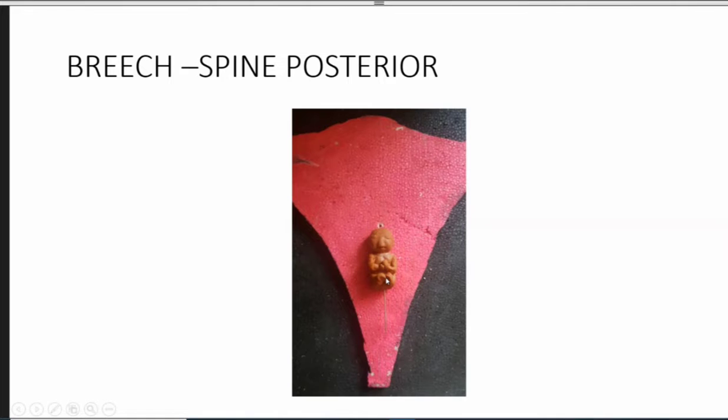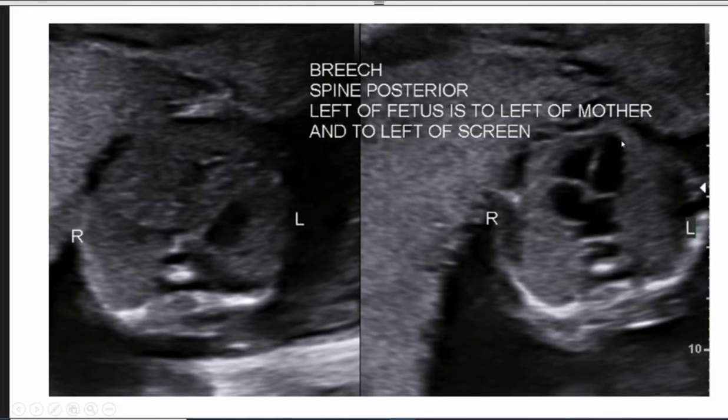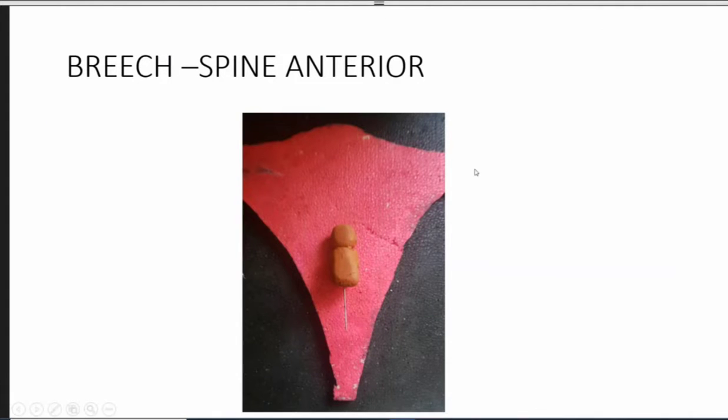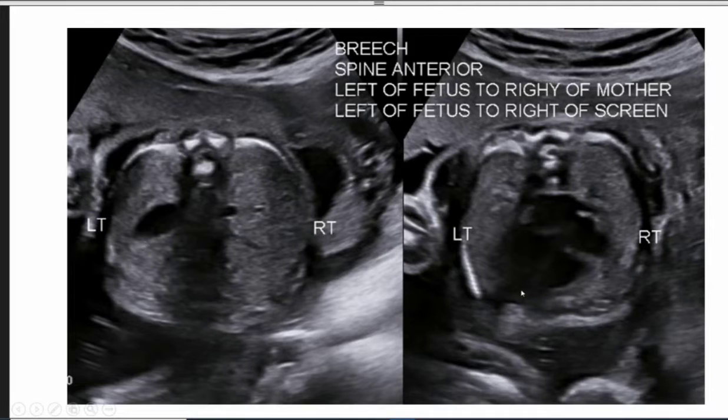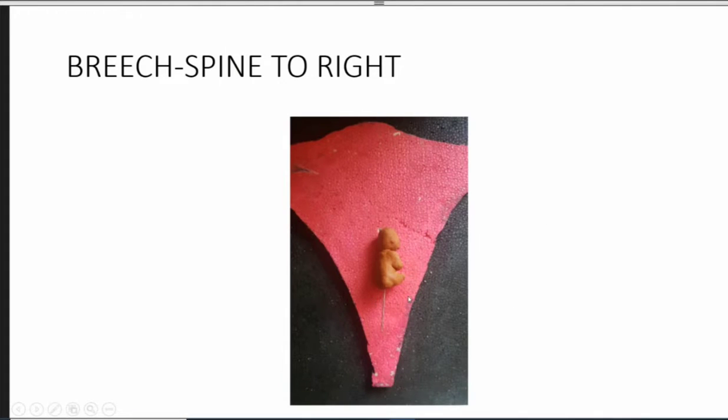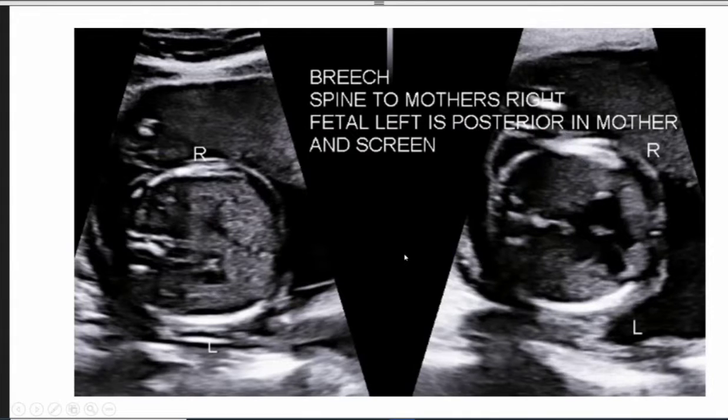When it's breech and the spine is posterior, the apex points to the left and anterior. When it is breech and spine is anterior, apex points posteriorly. When it is breech and spine is to the right, apex points posterior.